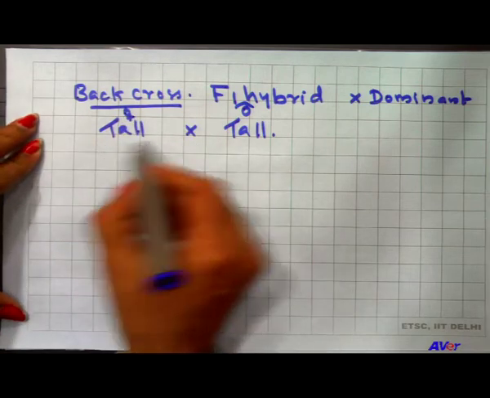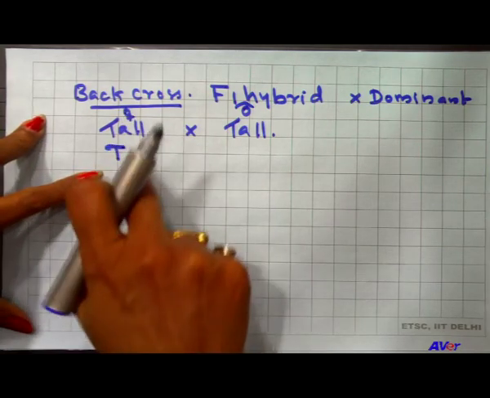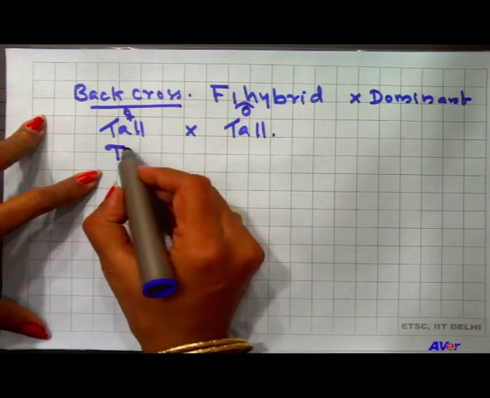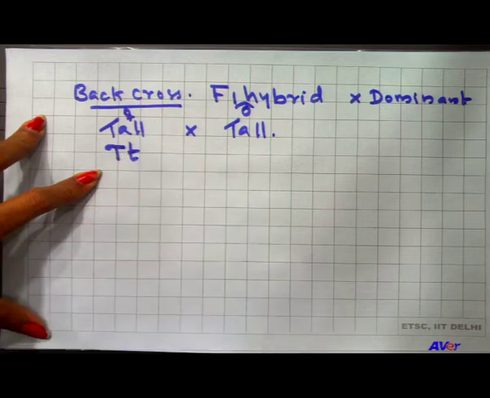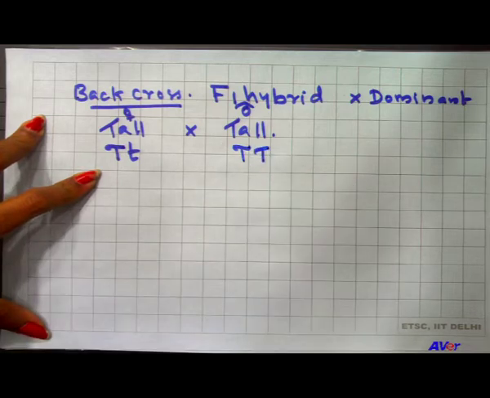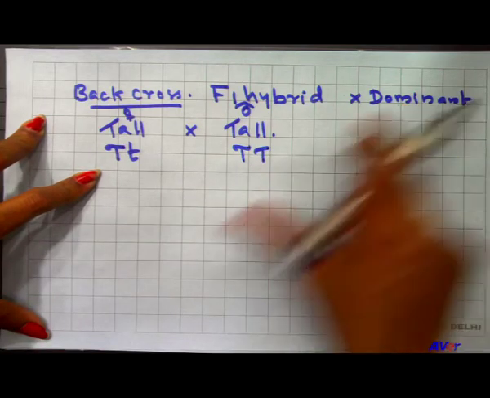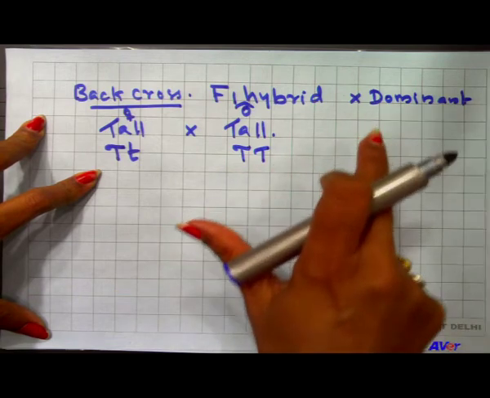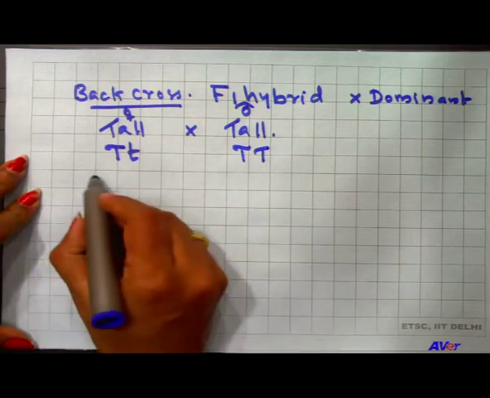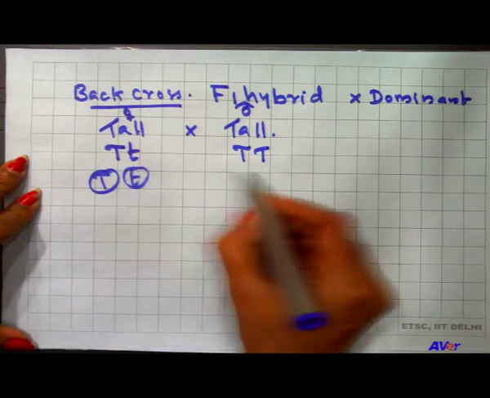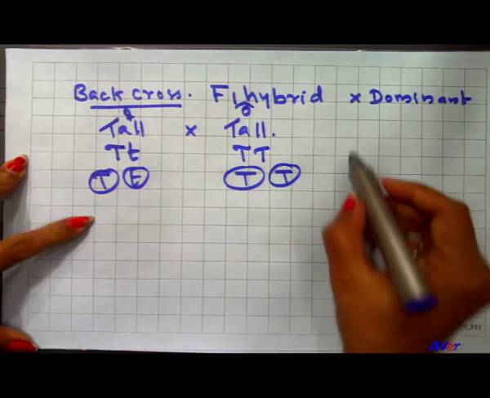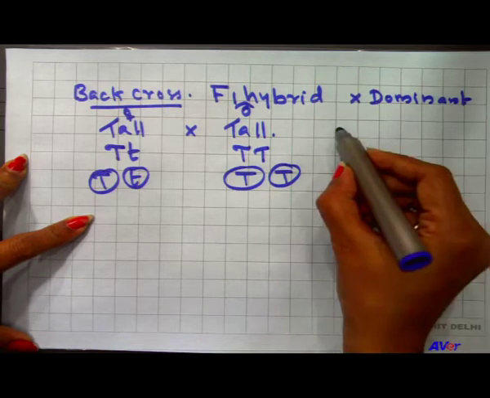Now coming to the genotype, since it is the F1 hybrid, be careful, it will be a heterozygous one, so capital T small t. And this one is capital T capital T because it is the dominant parent and pure line, so it is homozygous. Gametes: capital T, small t. Suppose we are representing it in the Punnett square.